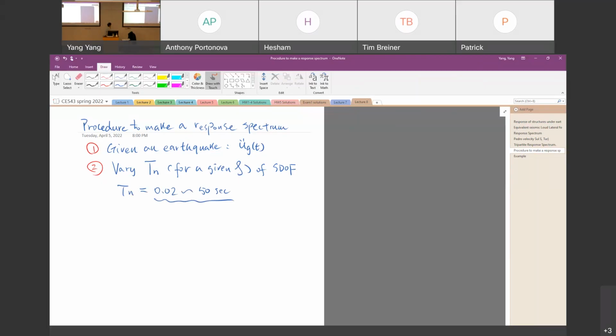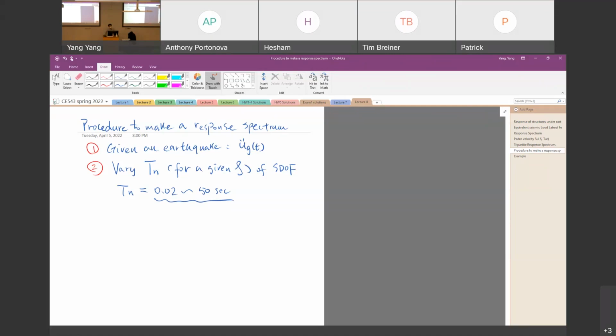There are structures with a very small natural period and structures with a very large natural period. For example, when the stiffness of the structure is very high, the natural period will be very small.